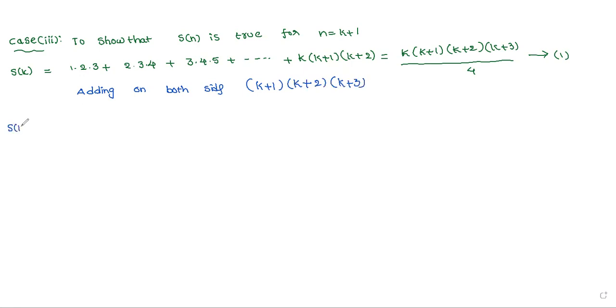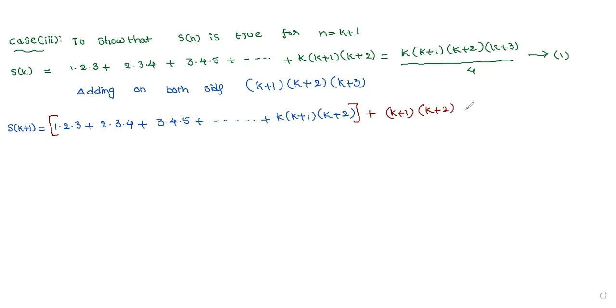So S of k plus 1: 1 into 2 into 3 plus 2 into 3 into 4 plus 3 into 4 into 5 plus and so on, k into k plus 1, k plus 2, plus k plus 1, k plus 2, k plus 3 is equal to k into k plus 1, k plus 2, k plus 3 by 4 plus k plus 1, k plus 2, k plus 3.